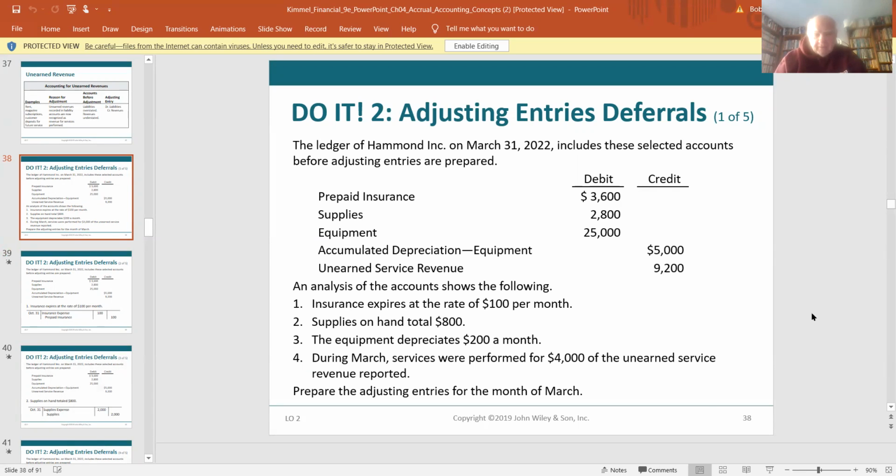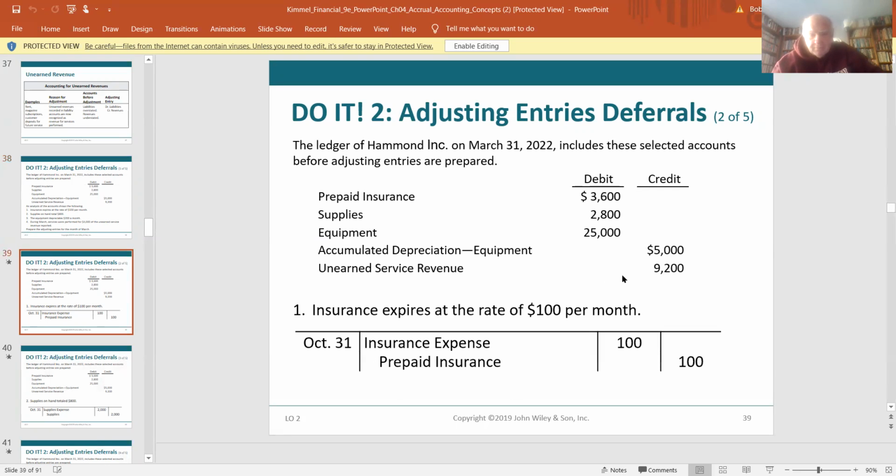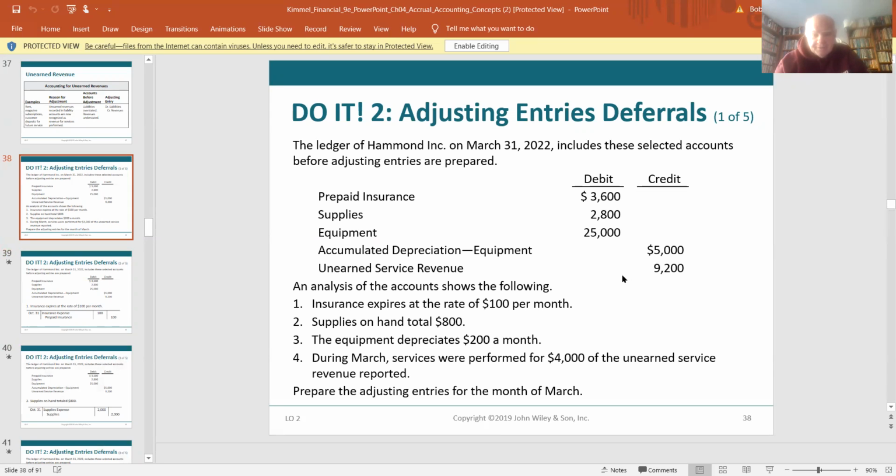Insurance expired at the rate of $100 per month. There looks like there's $3,500 sitting there, right? Well, we have to reduce that by $100. And there's our journal entry. We debit insurance expense and we credit prepaid insurance. The next one, supplies on hand total $800.